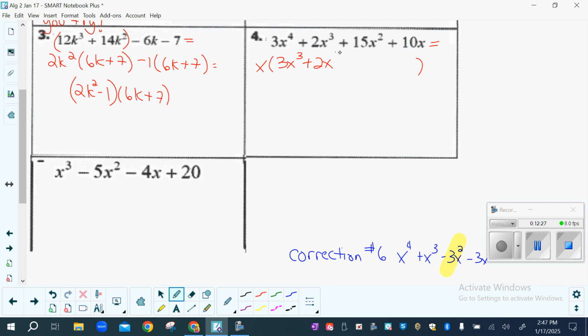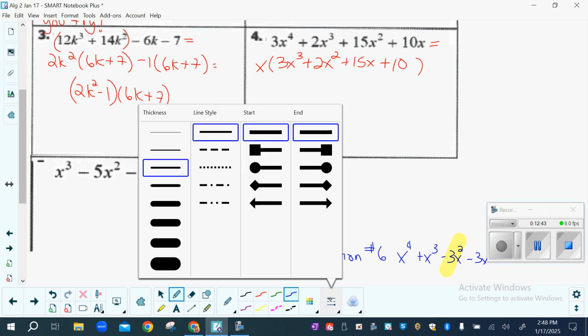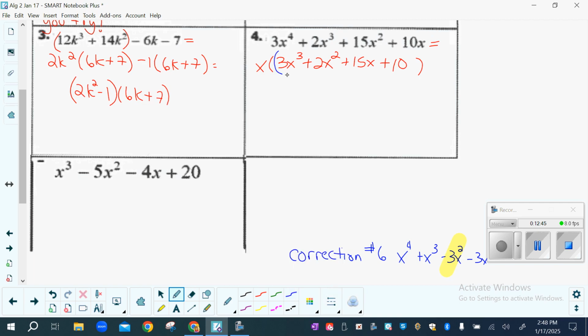On the 2X squared? Yeah. Plus 15X plus 10. So now we're going to take what's inside there and we're going to group those. I'm just going to use a different color. Group these and group these.